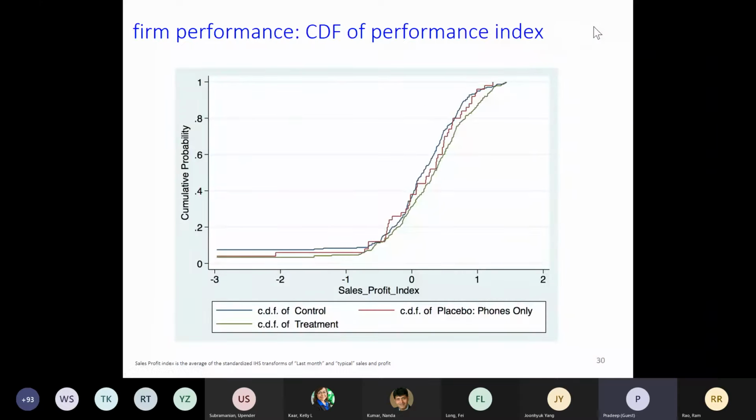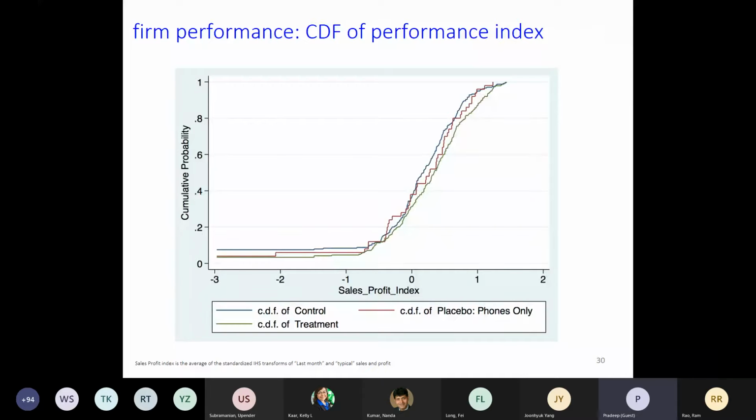Now, was the improvement specific to certain sizes of these firms? And the answer to that is no. It turns out that regardless of what size the business was, whether it was a small business or a large business, the entire distribution of performance is shifted to the right. So what this graph shows you is the CDF of the performance index of the three groups, which is the treatment group, the control group, and the placebo group.